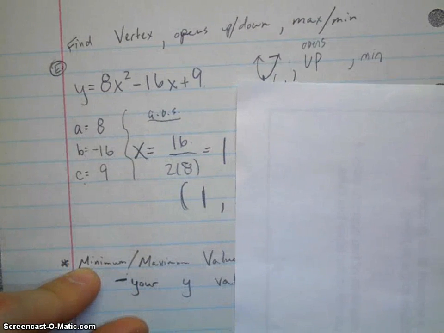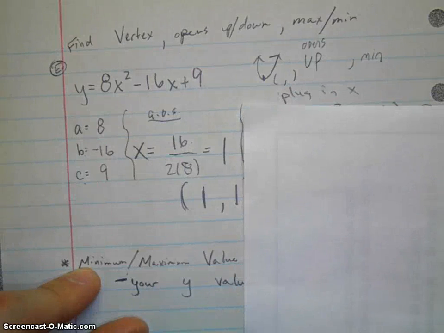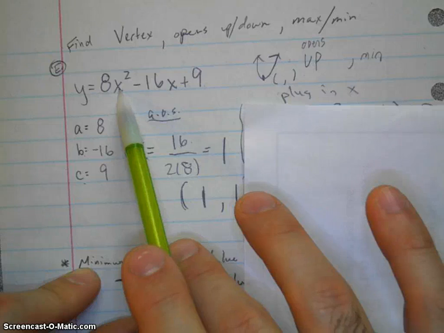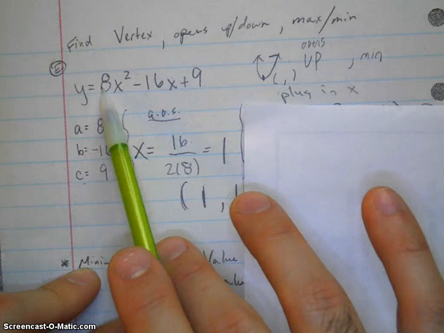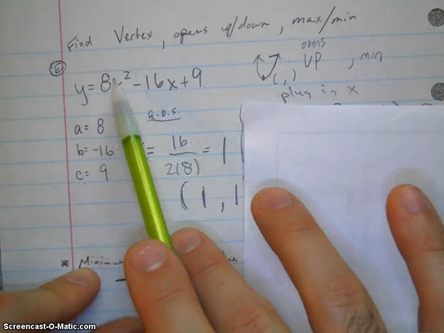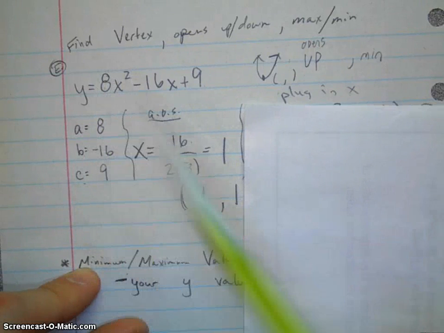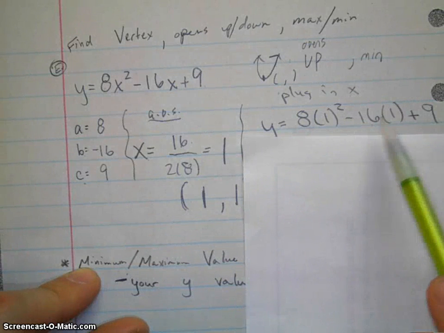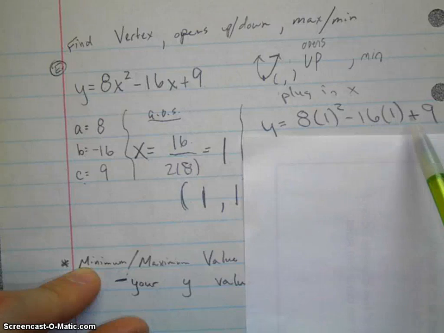To find the y value, I'm going to plug in my x, that 1, into the function, so into this equation. Instead of 8 times x squared, it'll be 8 times parentheses 1 squared, minus 16 times parentheses 1, plus 9.